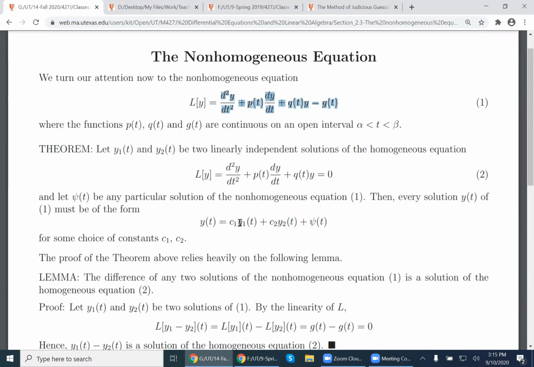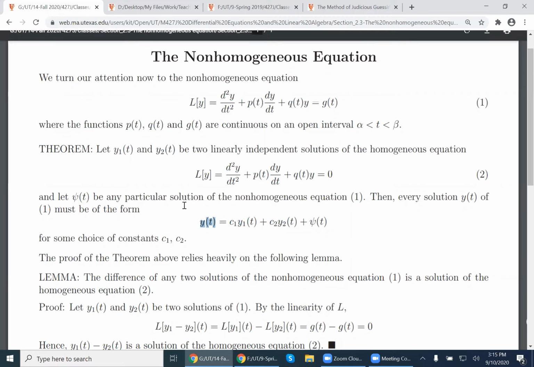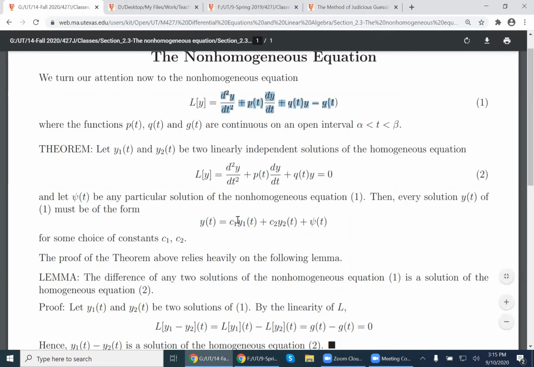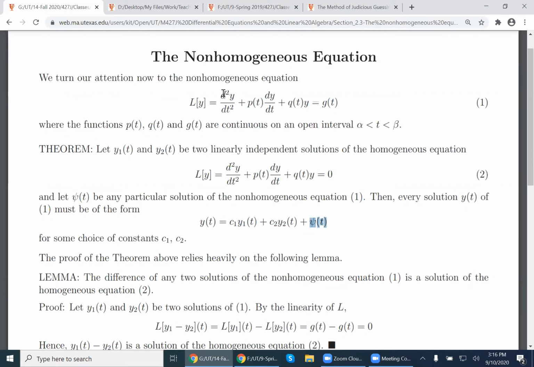No. This is the general solution of the corresponding homogeneous. You see it? Yes. Once again, this is the general solution of non-homogeneous, and this is the general solution of homogeneous. Now, this is no longer the general solution. It's a particular solution of the given non-homogeneous equation.